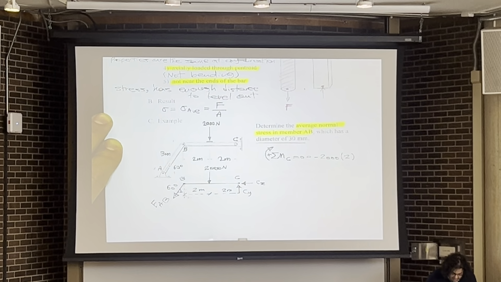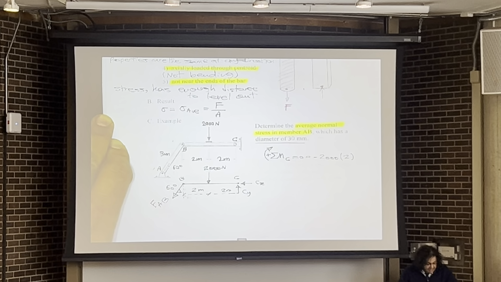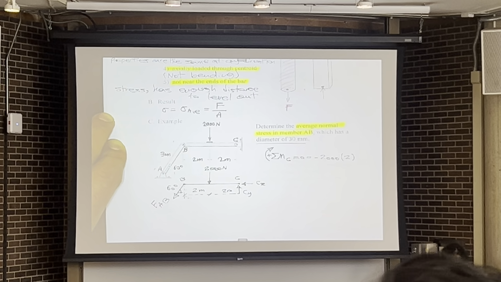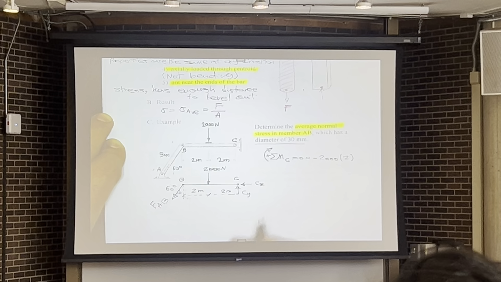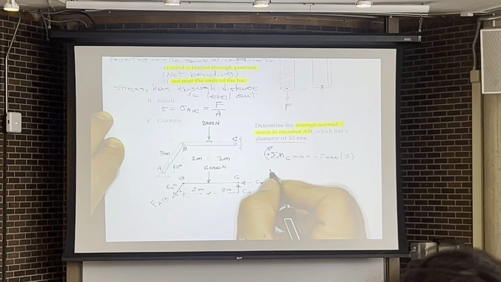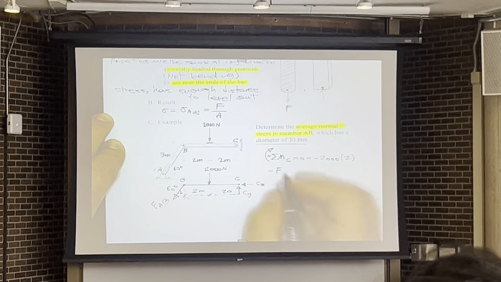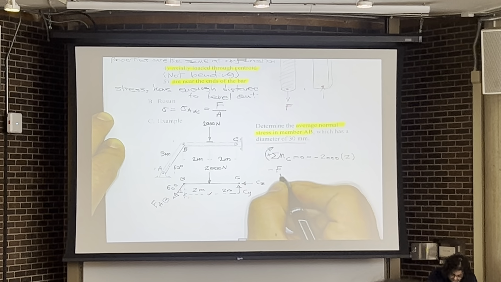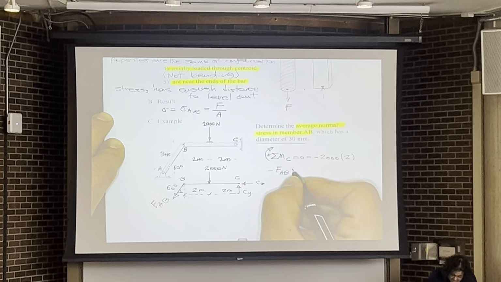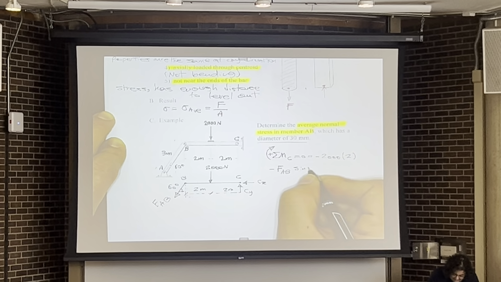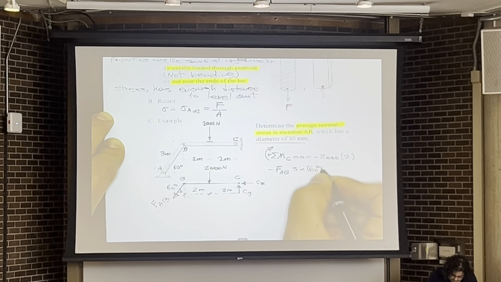And the horizontal component of FAB does not have any moment about point C, but the vertical component of FAB has, and it's gonna make a negative moment according to this assumption. FAB times sine of 60 degrees.